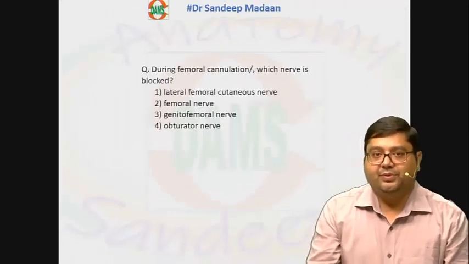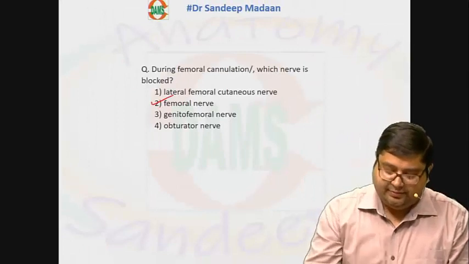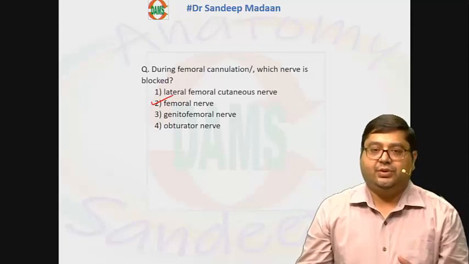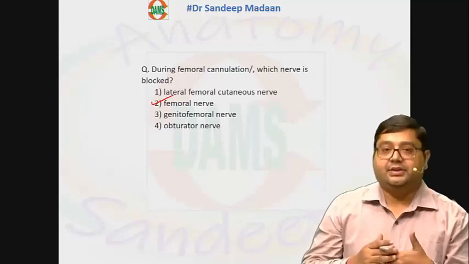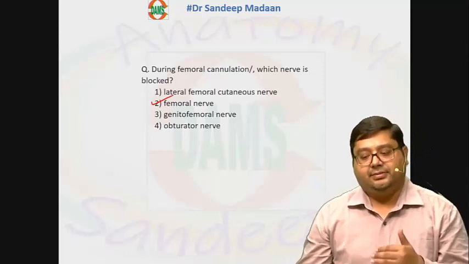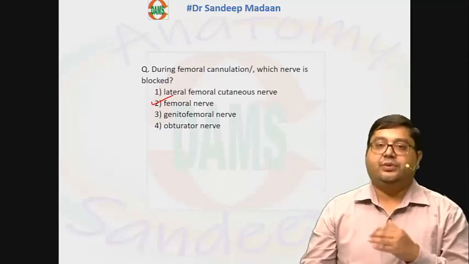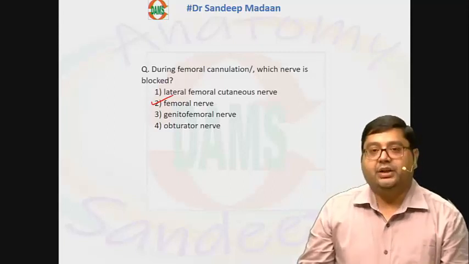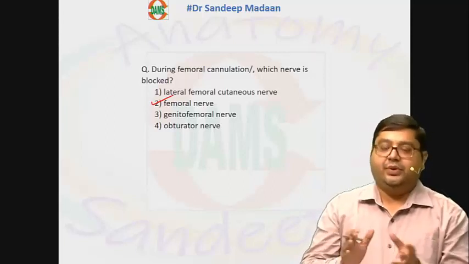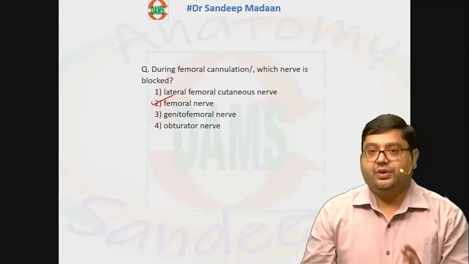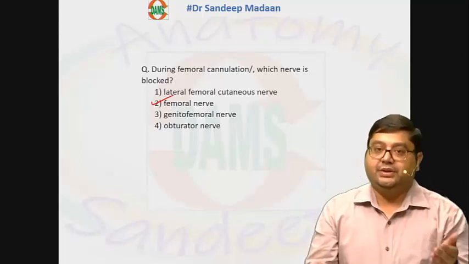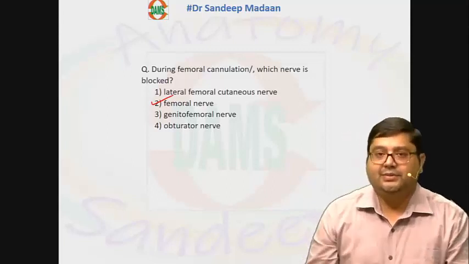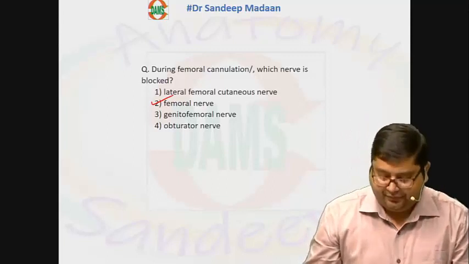So we'll go for femoral nerve blockade, because otherwise look at the lateral femoral cutaneous nerve, distribution wise, it is at the superior angle of the femoral triangle, and this is the nerve for the meralgia, right? And obturator nerve will be in the medial compartment, so it doesn't fit actually, right? And femoral branch of the genitofemoral nerve is nearby, that can be there, but the better answer, it seems, is the femoral nerve, right?